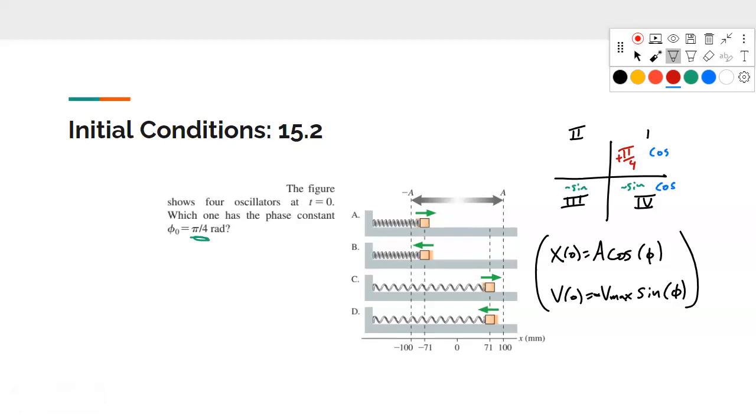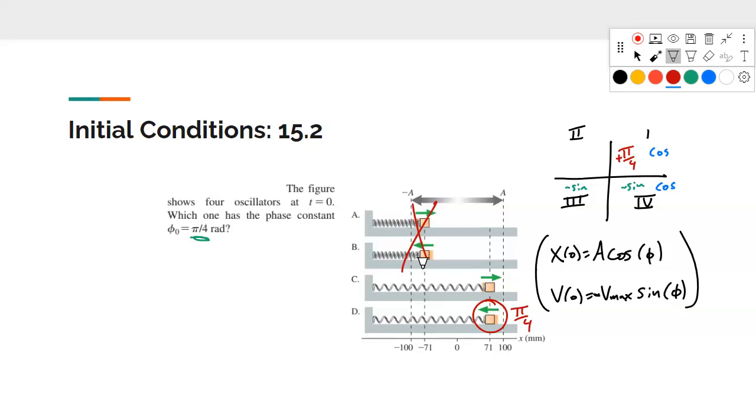And so we expect that the position is positive, because the position is described by cosine of phi, and cosine of something in quadrant 1 is positive. So we expect our mass to be to the right of the 0 location, the equilibrium. And additionally, negative sine is positive only in quadrants 3 and 4, so negative sine is actually negative here. So this is the correct answer. This would be our mass with a phase of pi over 4.